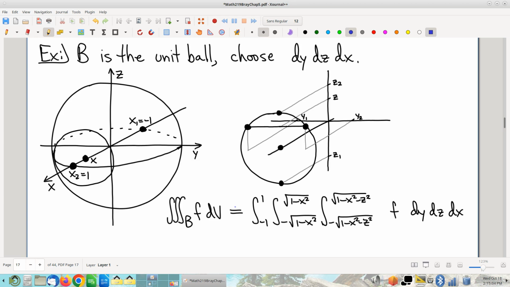Let me show you what I think is the easier approach on this. Arbitrarily, I'm doing my differentials in this order with dz and dx on the outside. I can view this then as relating to a projection in the xz direction. Right, and I can look at this xz projection here.